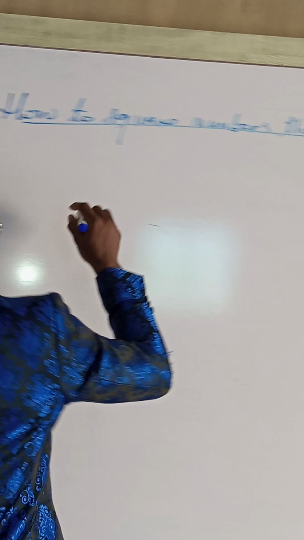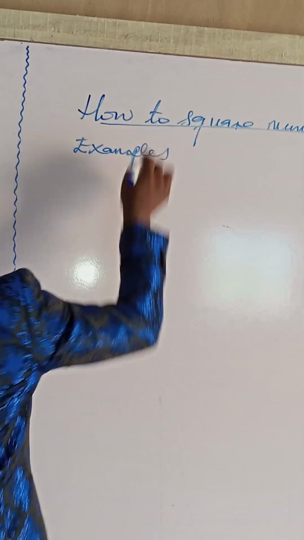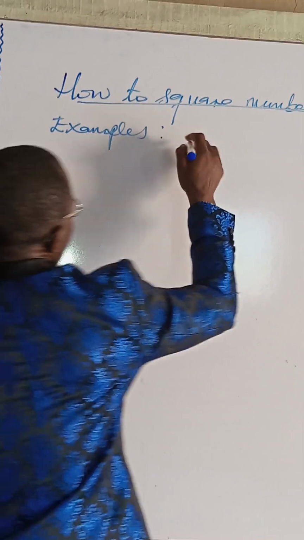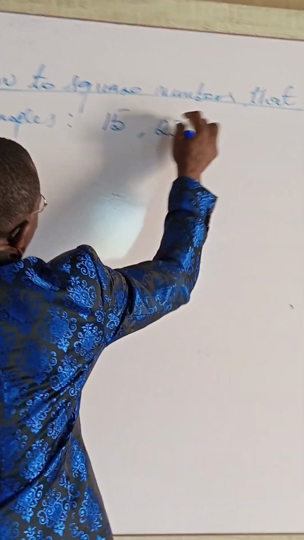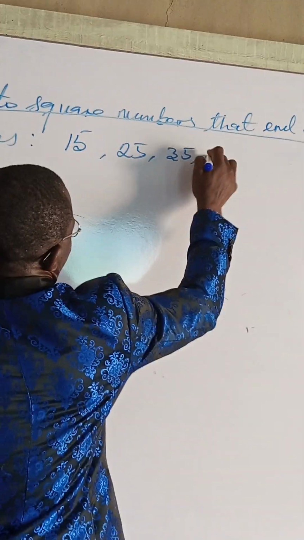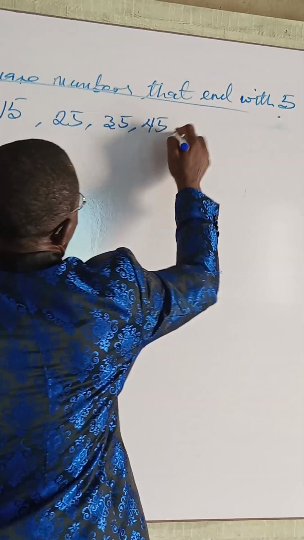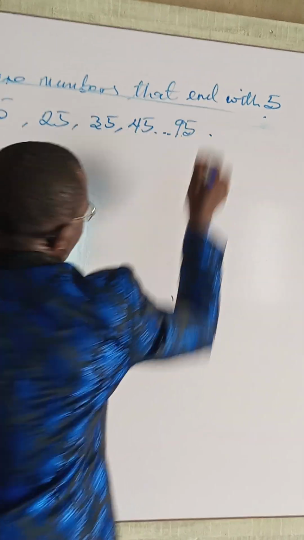And examples of such numbers. Let's take examples of such numbers now. Examples of such numbers are numbers like 15, 25, numbers like 35, numbers like 45, as big as 95, like that, and so on and so forth.